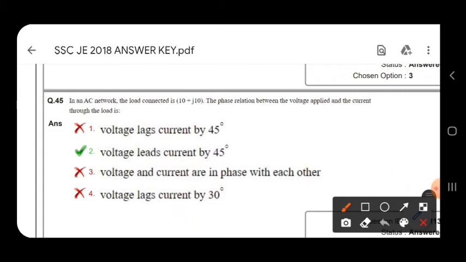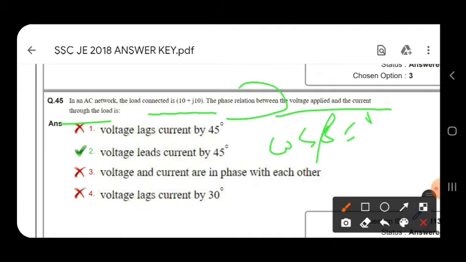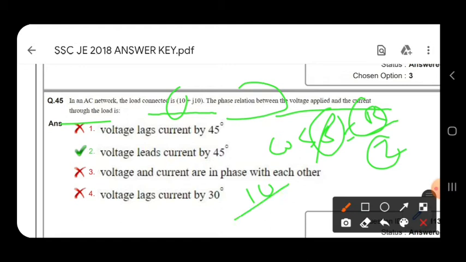In an AC network, the load is connected to 10 plus j10. The phase relation between the voltage applied to the load and the current through the load is dash. Friend, the question asks for the phase relation, so you have to find out cos phi. Cos phi is R upon Z, where R is 10 and Z equals root of 10 square plus 10 square, that is root of 100 plus 100.